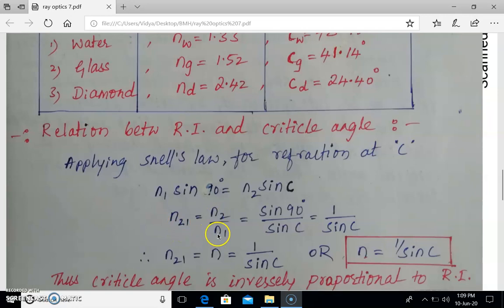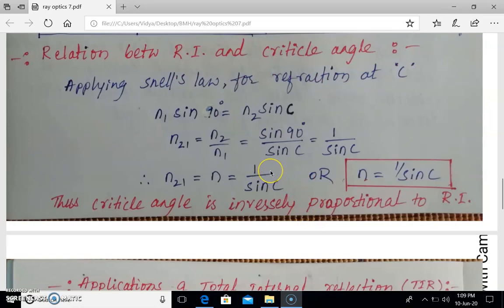N2 by N1 can also be written as N21, the refractive index of water with respect to air, or the refractive index of a denser medium with respect to a rarer medium, which is sin 90 by sin C. Sin 90 is 1 and sin C is sin C. So the refractive index of water with respect to air is the reciprocal of the sine of the critical angle.